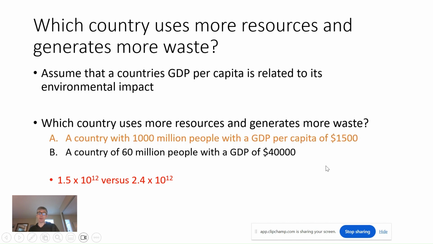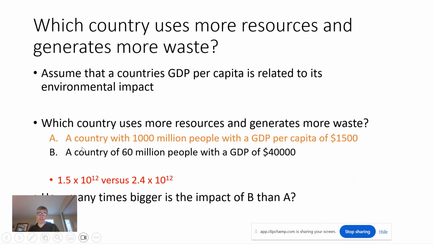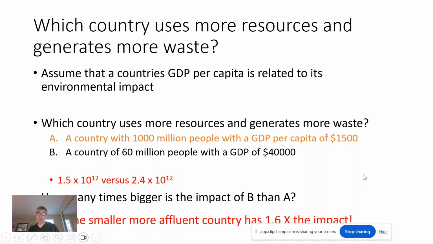You can find out that the country that's using more resources and generating more waste is actually going to be your smaller country. So it's B here. 60 million times 40,000 does more impact than our higher population, lower consumption country. You can compare the two and work out that it has 1.6 times the impact.